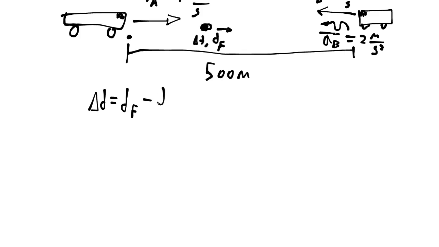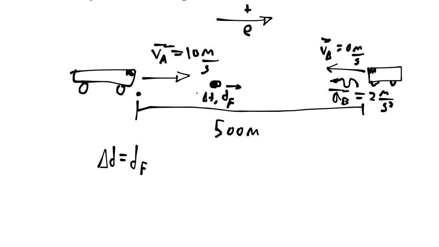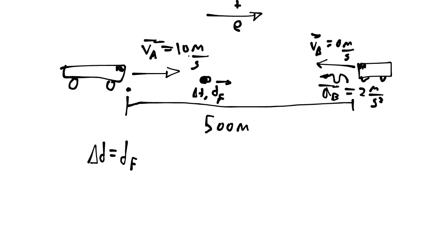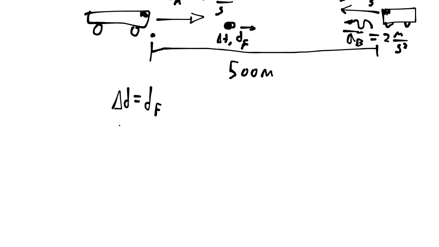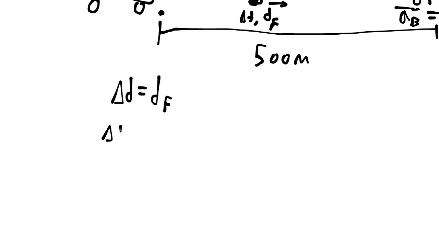Because you have to subtract the initial position, but there is no initial position. It's 0, right? Well, there is an initial position, but it's 0. And then delta d, you can just use simple kinematic equations. So it's just going to be time multiplied by velocity, right? So we'll say delta t and then VA is going to equal final position.